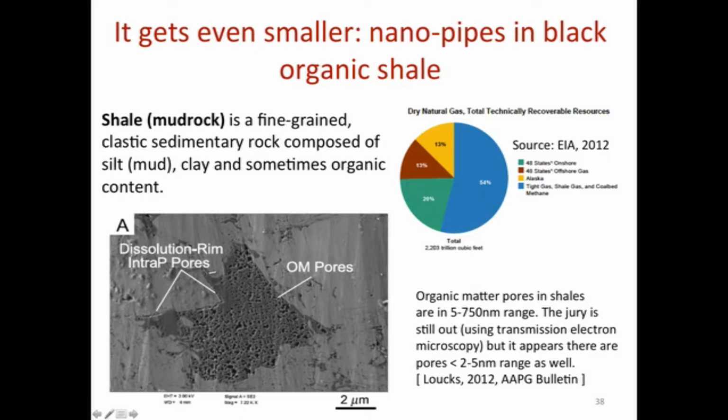But then you also have organic material that is wedged in inside the pore spaces as well. So you have original porosity that is on submicron scale, and then you have organic matter within that porosity that is reducing those pore sizes even further. And that's essentially where the gas is typically stored.